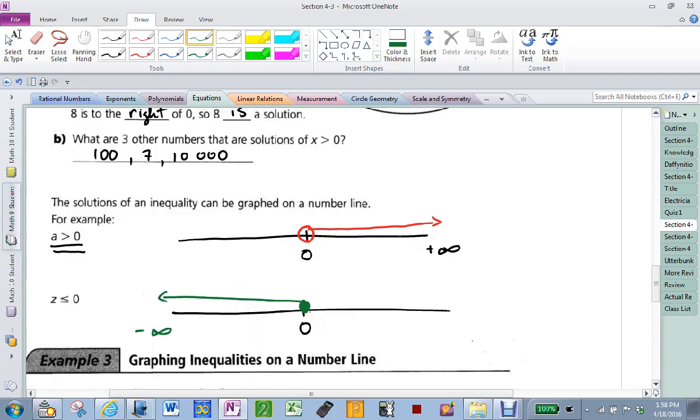Yes. So just in your head, answer yes or no to the next few questions I'm going to ask. Everybody ready? Okay. On the red line, is this number allowed? 3.